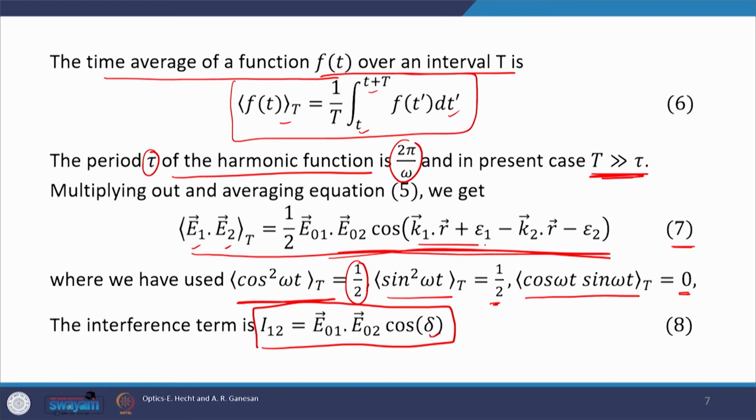Yeah, this is from the first wave, and the second term, K2 R plus epsilon 2, is from the second wave. We started with two waves E1 and E2, and this belongs to the first wave, while this belongs to the second wave, and we are taking the difference between the two.